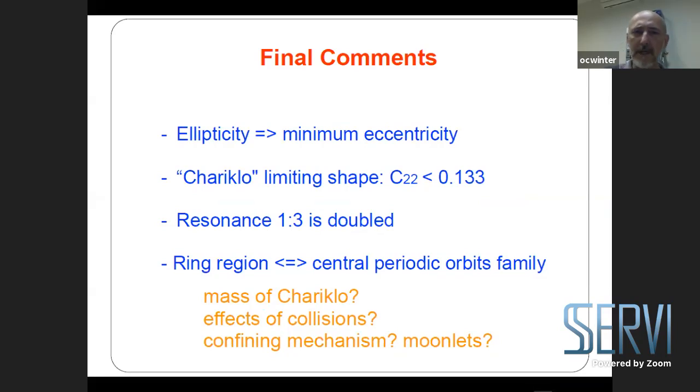Yeah, well, assuming that our model is reasonable and that the narrower ring has a width of about 1 kilometer, the elongated shape, the C22 parameter, would be smaller than the one presented in the table of Leiva, sorry, your colleague. So what I mean is that the mass is important.